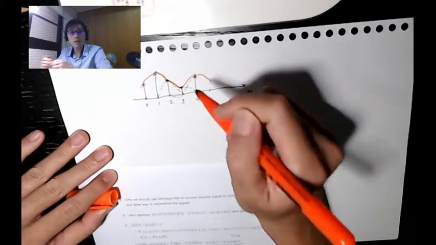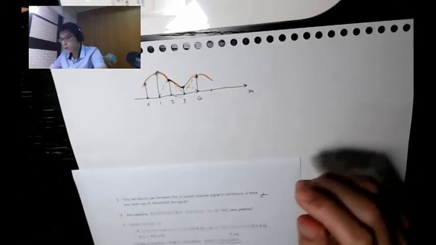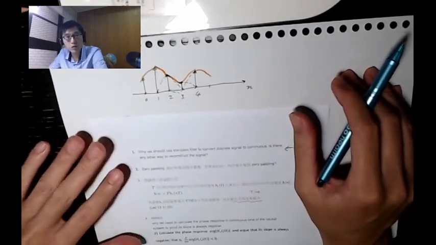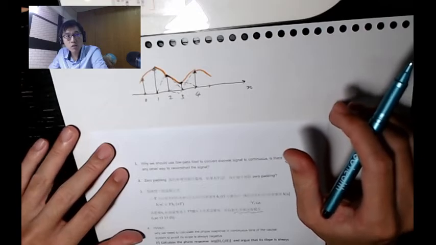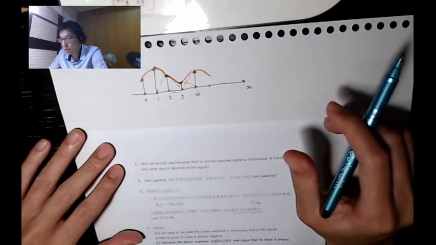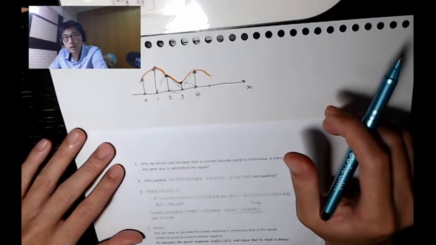Okay. So the question is why? Equivalently, if you challenge us, why do we absolutely always need to reconstruct the signal using a low-pass filter? Can we use something else? Of course you can. So my answer would be yes.